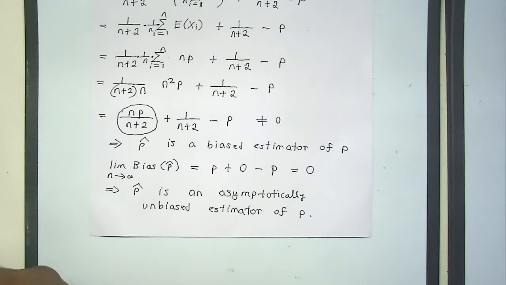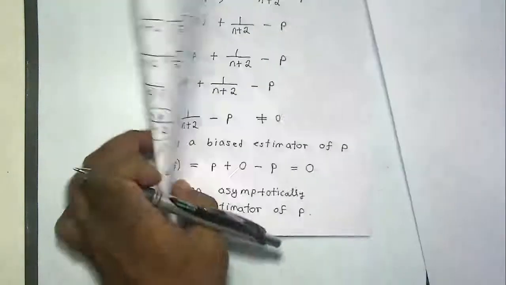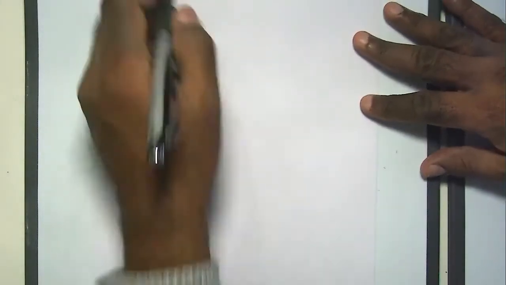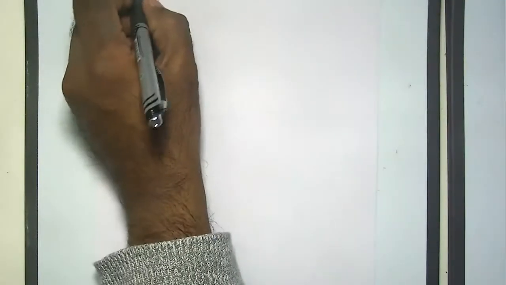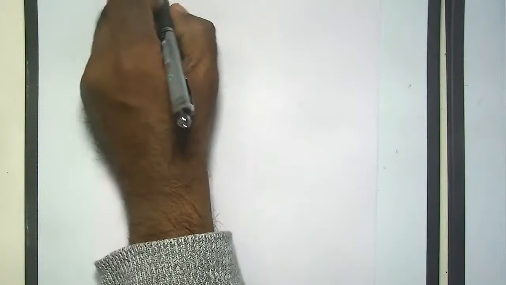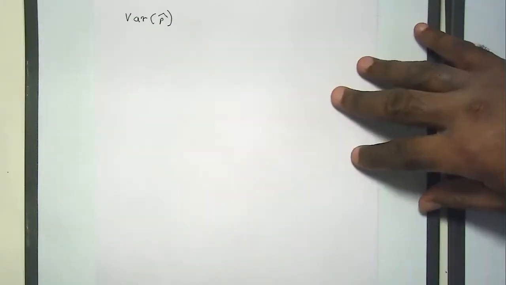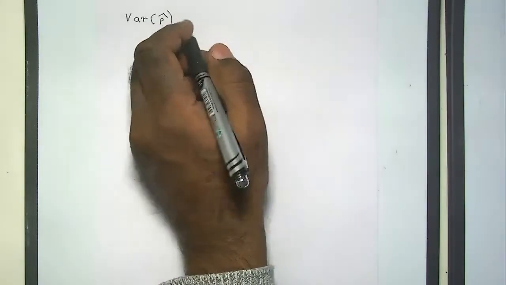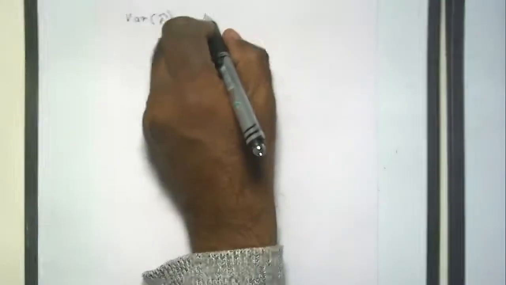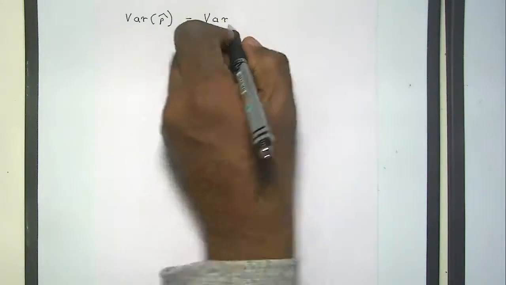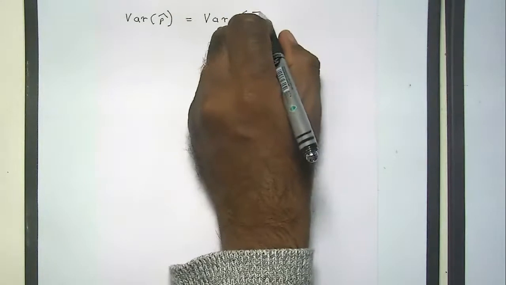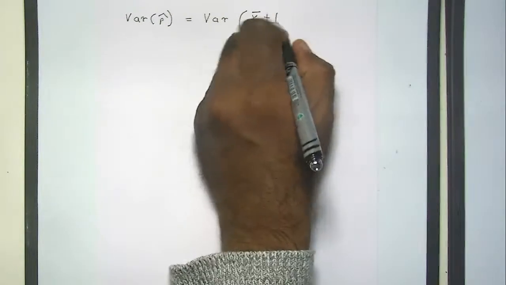Alright, so this is the bias. Now the question is also asking you to find the variance. So let's see how we can find the variance of p hat. The variance of p hat is the variance of X bar plus 1 divided by n plus 2.